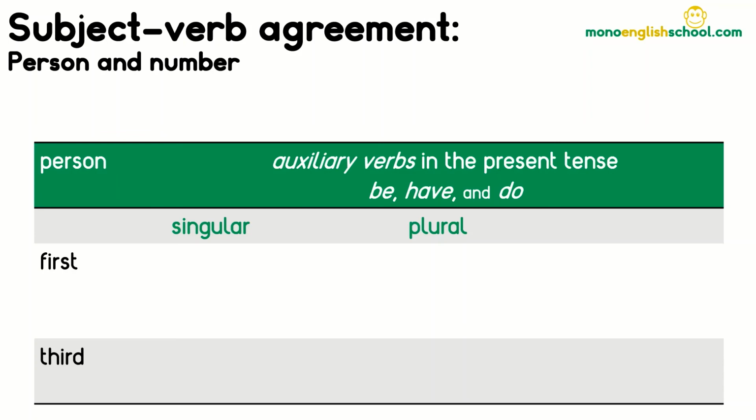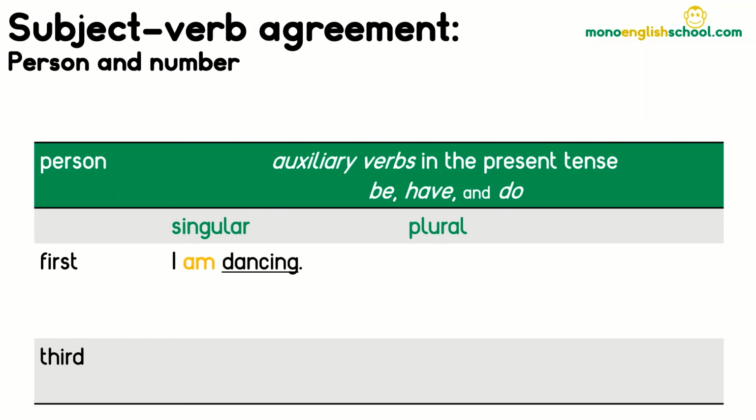We use the verb be for passive voice constructions and to indicate the progressive or continuous aspect. We use the verb have to indicate the perfect aspect. And we use do to form questions and indicate negation if no other auxiliary verb is used.